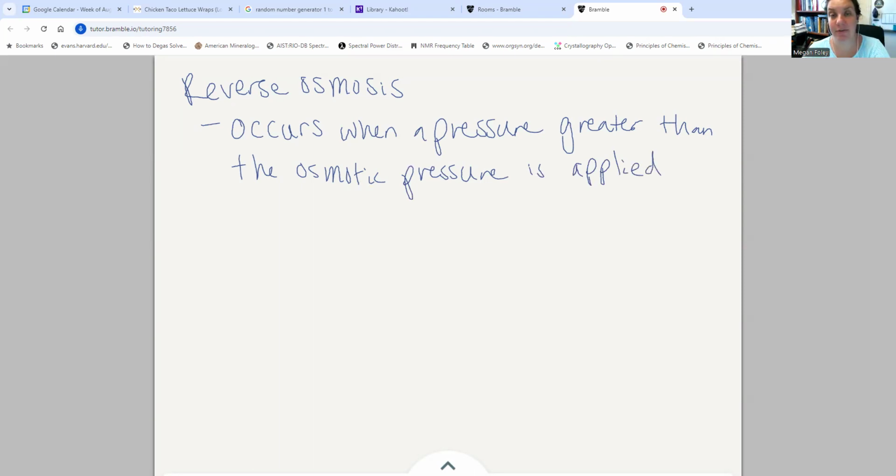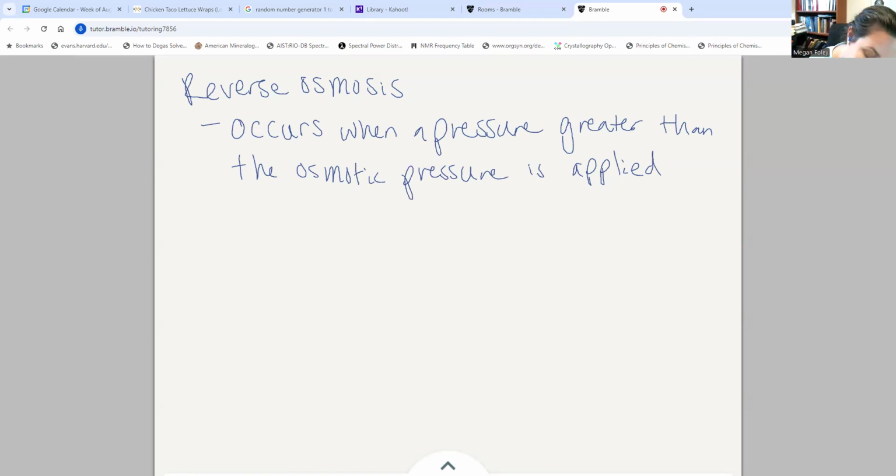If you've ever had a Dasani bottle of water or some other bottles of water, it says that they're purified by reverse osmosis. So they're literally just taking dirty water and shoving across just the water particles, and leaving behind all the solute particles to purify that.